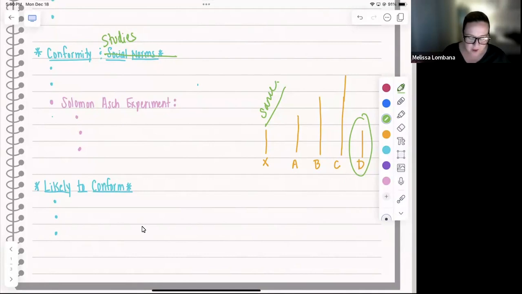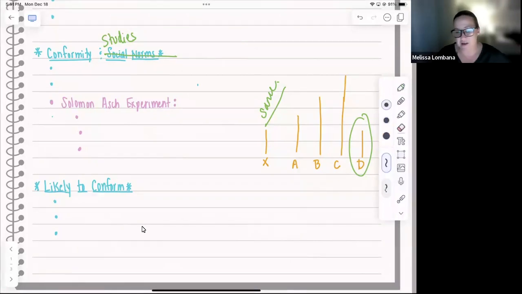And then culture is also going to play a factor in conforming, because if your culture encourages respect, especially with adults, you tend to conform to whatever the adult or the person is saying, because of your culture that you have to be respectful.